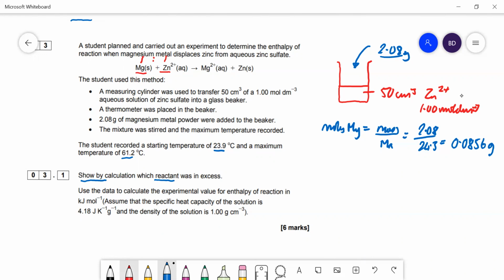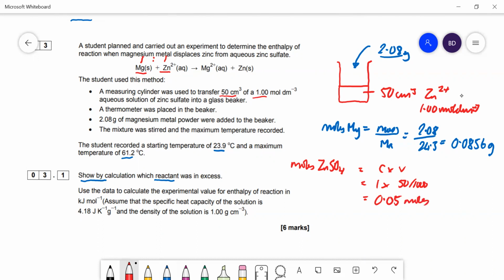Now let's work out the moles of zinc ions. So we can just do the moles of zinc sulfate because 1 mole of zinc sulfate contains 1 mole of zinc ions. They give us the volume and the concentration. So we're going to do concentration times volume, and that's 1 times volume, 50 over 1,000 dm cubed, gives us 0.05 moles.